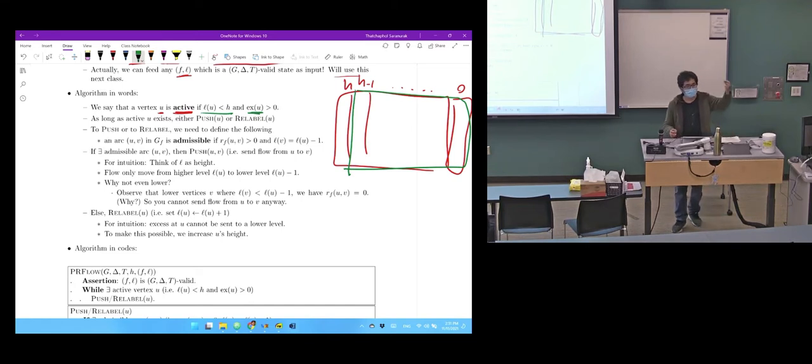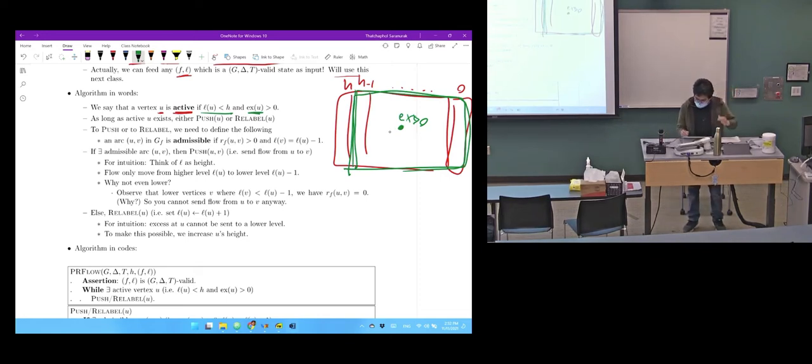Note that the goal of the algorithm is really just to remove excess from every node. But we will give up doing that once the level of the node is already at h. But as long as the level is not at h yet, if this node has excess more than 0, we look at that node and call it active.